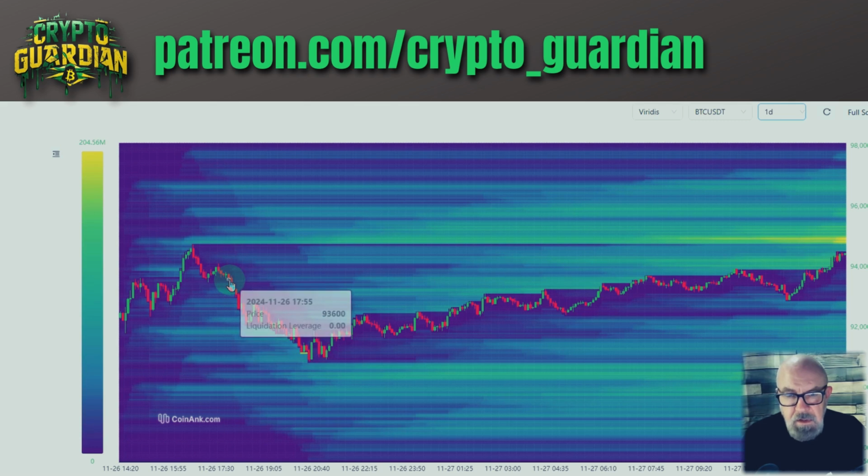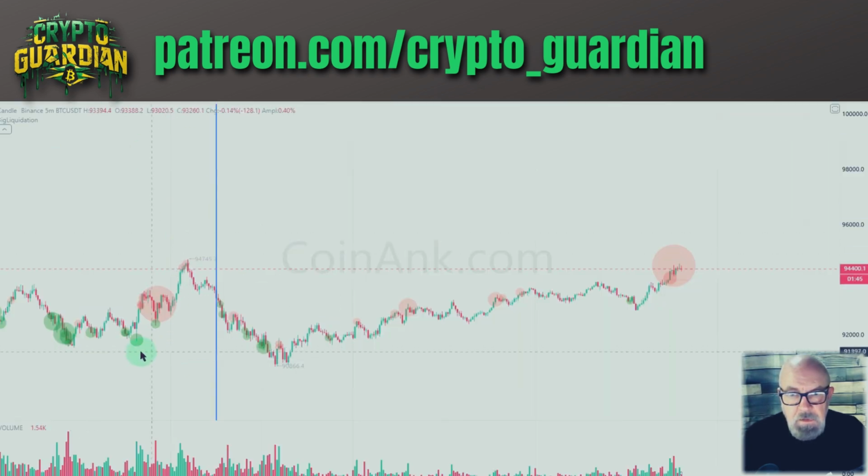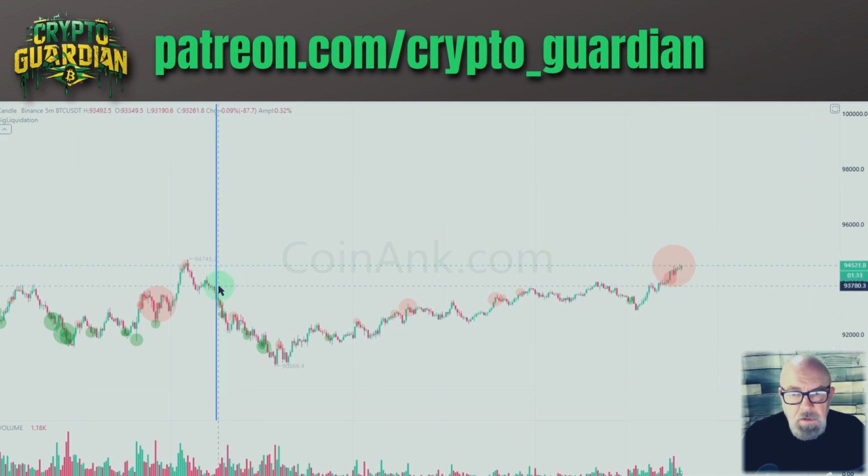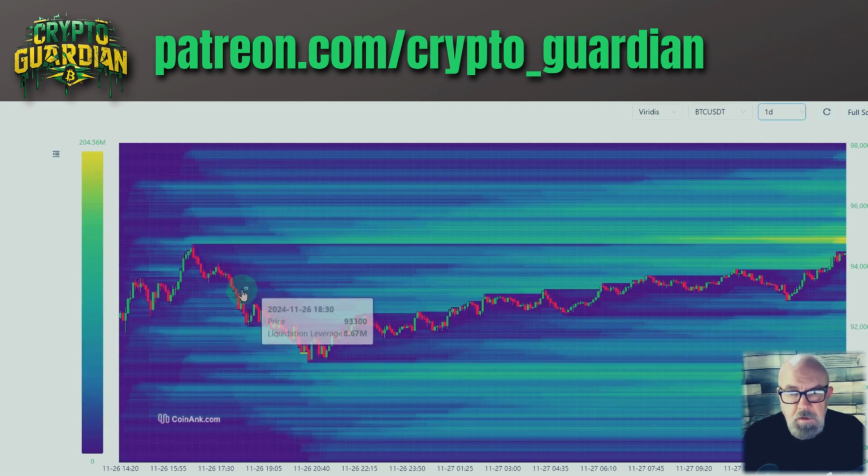This area here corresponds with this area here. You can see where that starts up here. This line here goes down. That corresponds with, where did I get to?